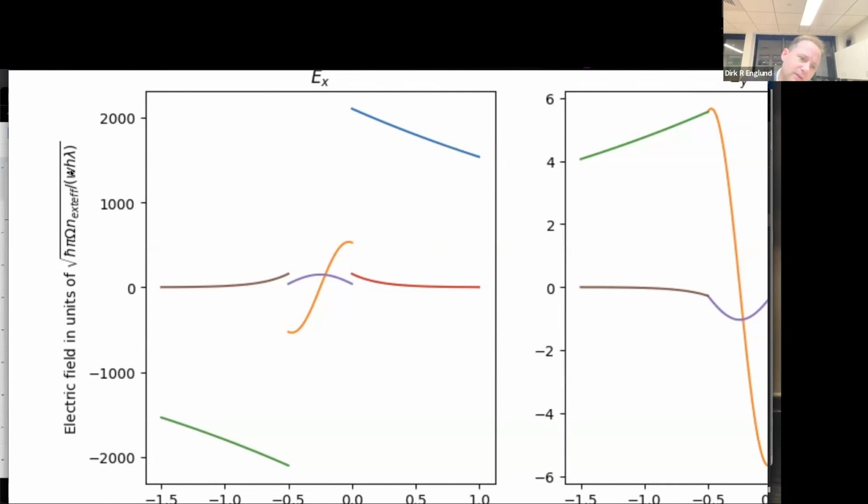And then what else is here? The electric field is inversely proportional to the square root of the waveguide cross-sectional area, W times H, or D times H. Again, W and D here in my notes so far are equivalent, and it is inversely proportional to the square root of the wavelength.